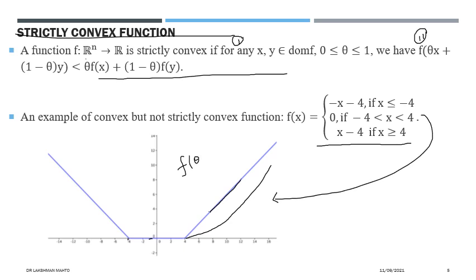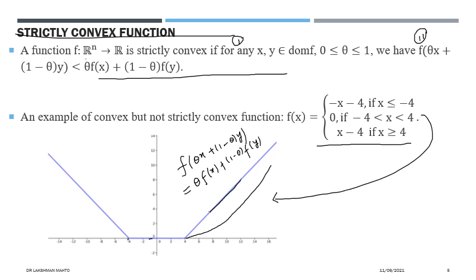That means for any theta, and any x and y, any pair of points, we observe equality: f of theta x plus 1 minus theta times y, the image of the convex combination of x and y, is equal to the convex combination of the corresponding images, that is, theta times f of x plus 1 minus theta times f of y. So we observe equality. Here there is no strict inequality.